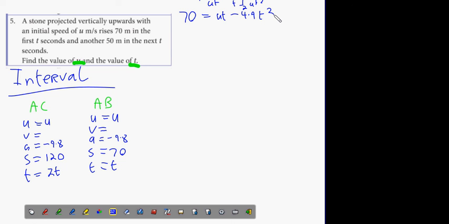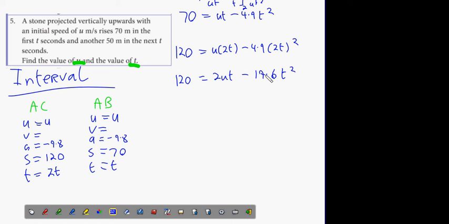So we have 120 equals u times 2t, minus 4.9 times 2t squared. So 120 equals 2ut. What's 4.9 multiplied by 4? Is it 19.6 again? 19.6t squared.